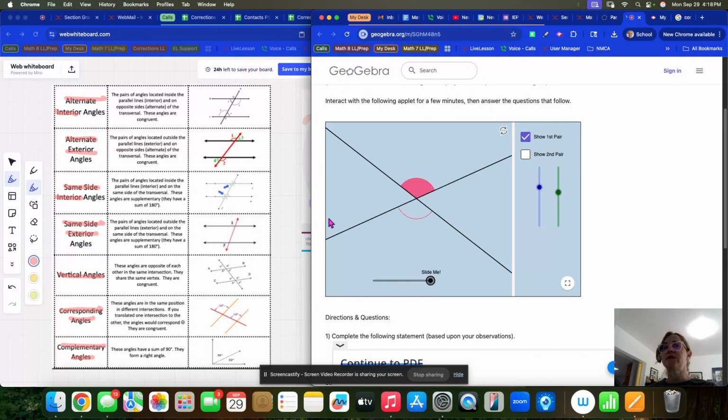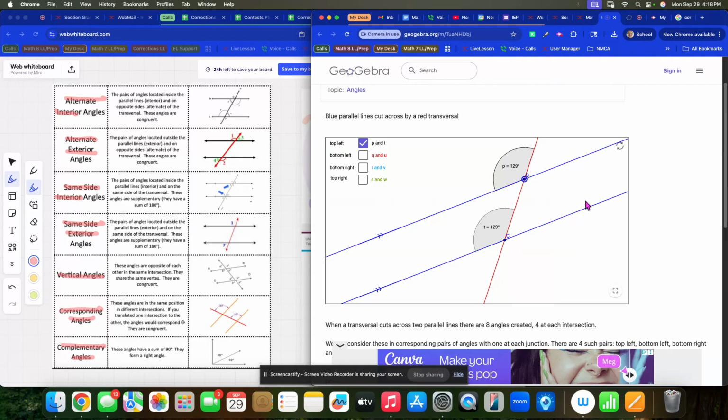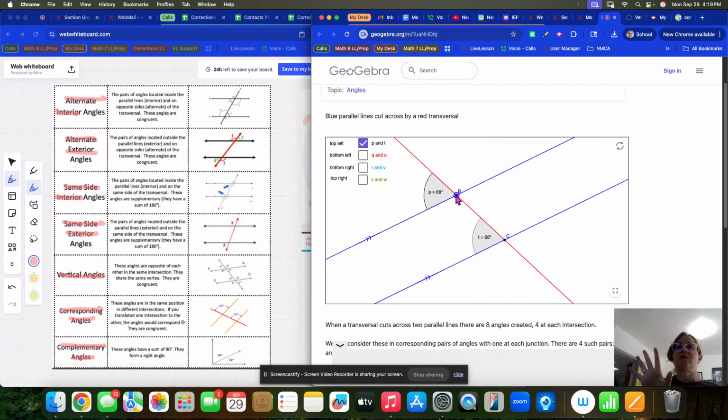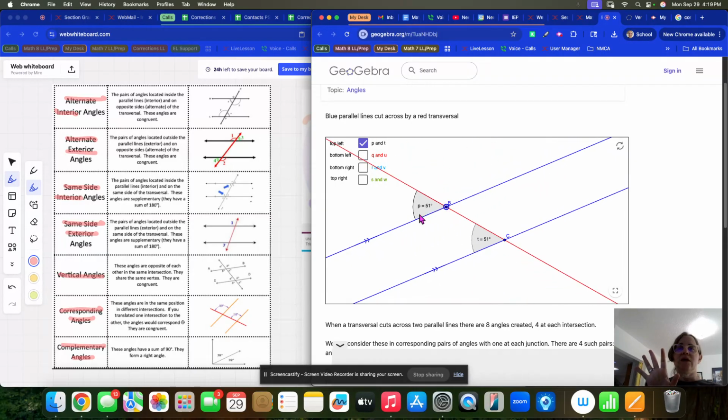They're congruent. Here are the parallel lines, and I'm just going to show you some of the angles that are congruent, because there are a crazy number of pairs of congruent angles here. These here are corresponding angles. They're on the same side of the transversal, and they're both on the top side of the parallel lines.